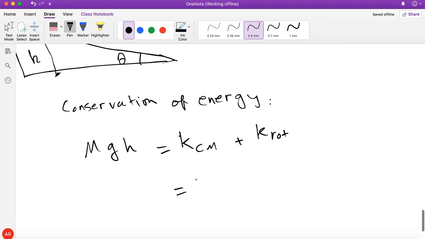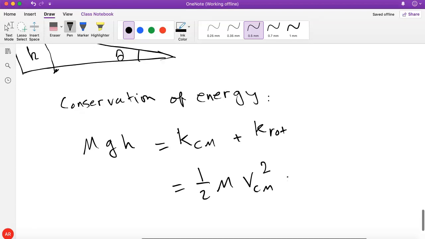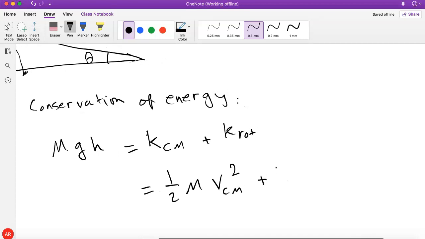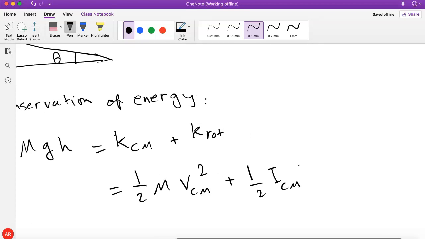So the center of mass kinetic energy is 1/2 m velocity of the center of mass squared. The rotational kinetic energy is 1/2 ICM, the moment of inertia around the center of mass, times omega squared.